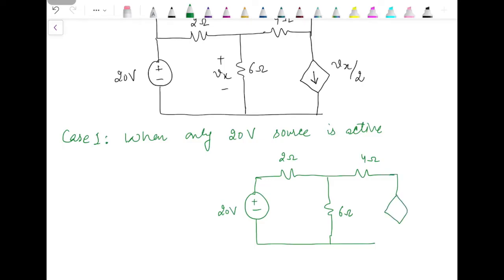Here we have a voltage dependent current source. Let's write this voltage as Vx dash. So the current supplied by this source is also Vx dash by 2. We need to find out this Vx dash only. You can go with mesh analysis or nodal analysis as per your comfort.